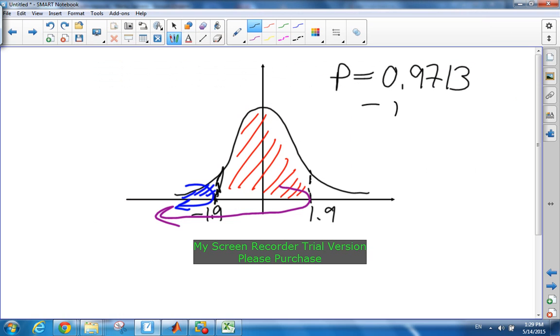So minus 0.0287. So it's this value, 0.9426.